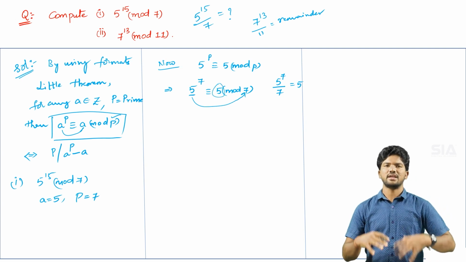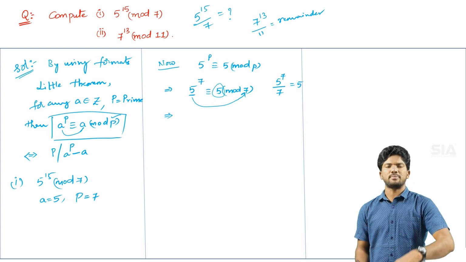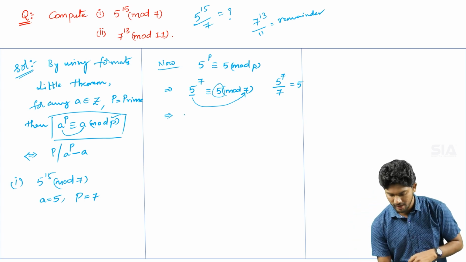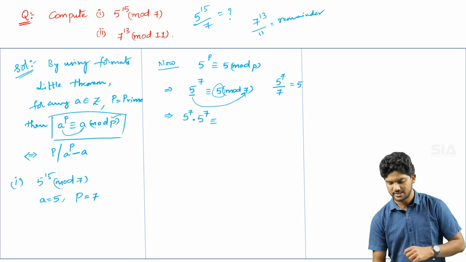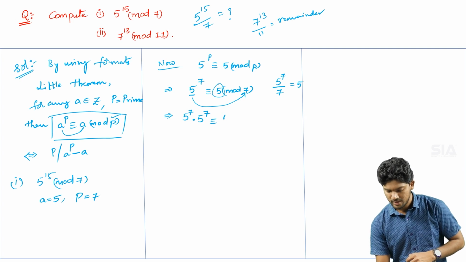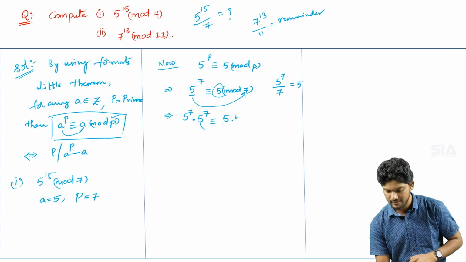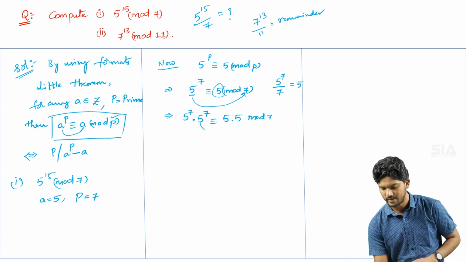That is the meaning of congruences. So we have up to 5 power 7, but we need to find 5 power 15. Now again I am taking 5 power 7 into 5 power 7, which is congruent to 5 into 5, since for each 5 power 7 the remainder is 5, modulo 7.